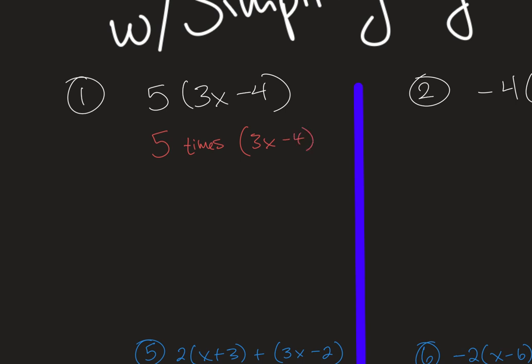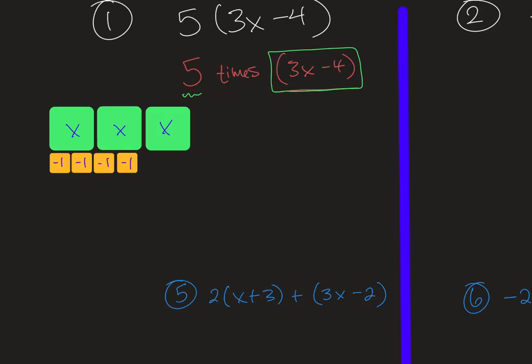3x minus 4. And when I say 5 times 3x minus 4, what I mean is it's 5 times this whole thing, okay? Boom, now we have 3x, there's 3 x's right here, and we have 4 negative ones, so that is 3x minus 4, right?